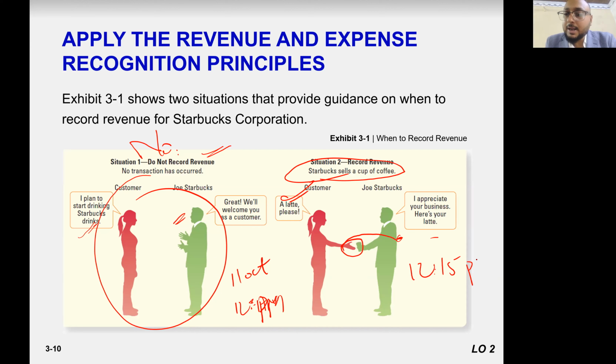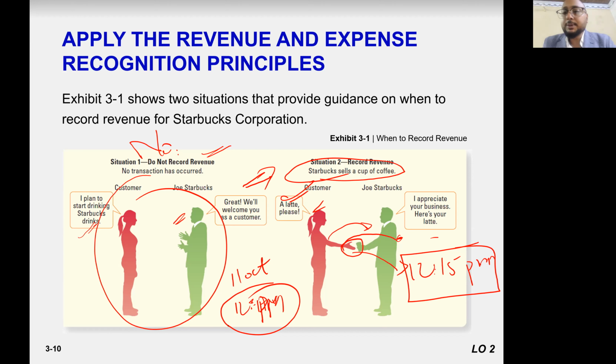The sale occurred when the coffee is handed over at 12:15, so you record the sales at 12:15, or when she pays you. Normally what happens? You go to the front counter and you pay first. In this case, she received the coffee first and paid later. But if she paid earlier, for example, at 12 p.m., she goes to the shop and pays 30 yuan and says, okay, I need a latte.